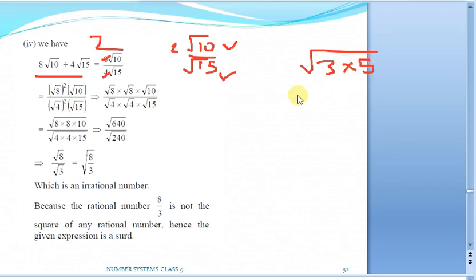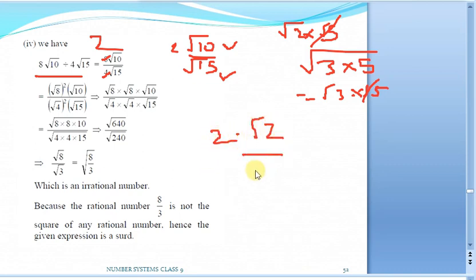So again it will be root 3 into root 5 in the denominator, and in the numerator it will be square root of 2 into square root of 5. Even if I cancel root 5 in both, what I am left with is 2 into root 2 by root 3. That is our simplified form. Now we know that root 2 is irrational and root 3 is irrational.